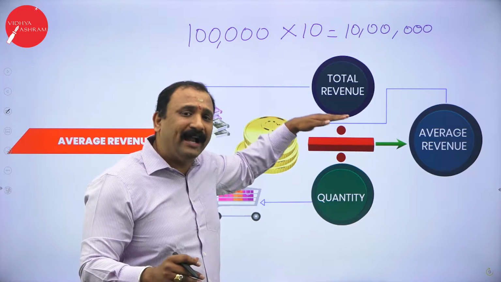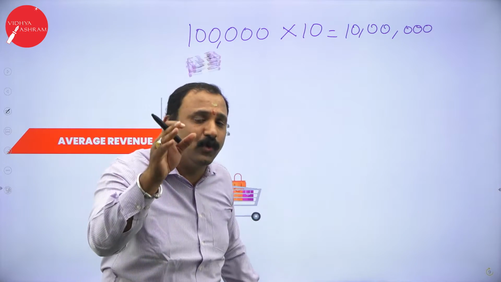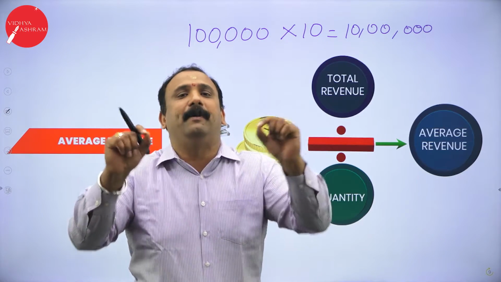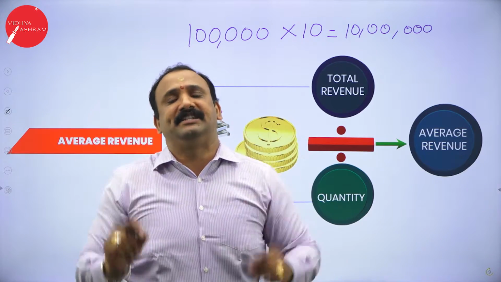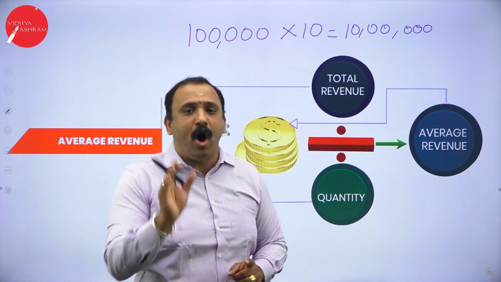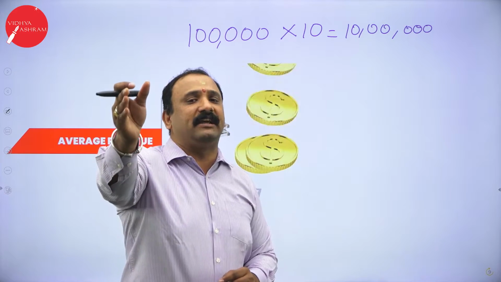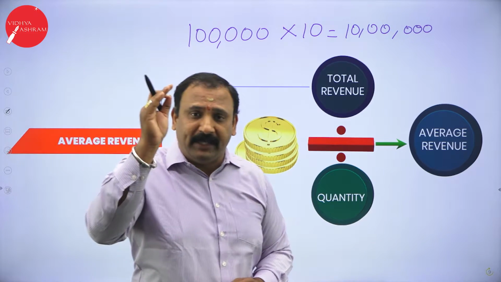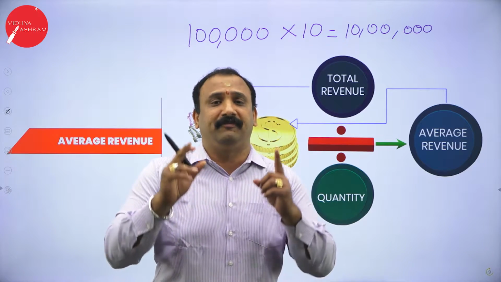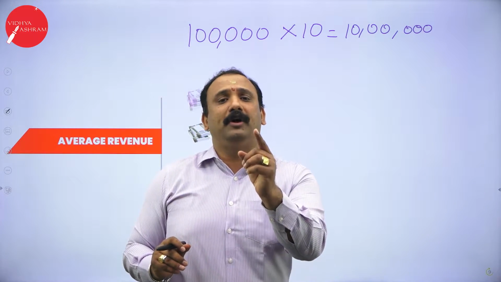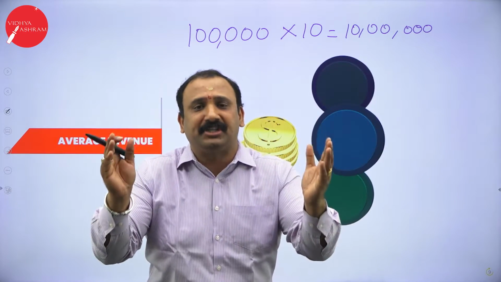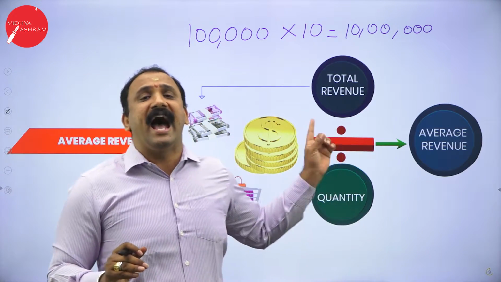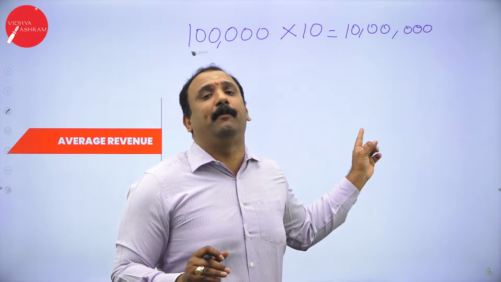So average revenue at any given instance will make you understand what is the money, the income that is earned by the company at any given point of time. On an average basis, what is the revenue that is earned by the company? And this is very important. Why? From the economic standpoint and also from the financial standpoint, if anybody wants to assess a firm's manufacturing capability, the financial capability, the output capability, average revenue will play a very important place there.